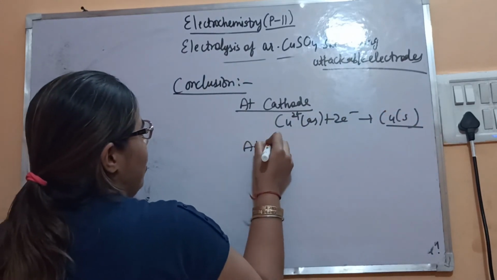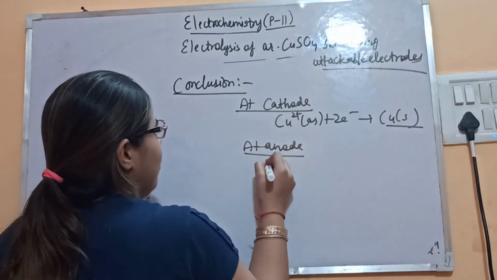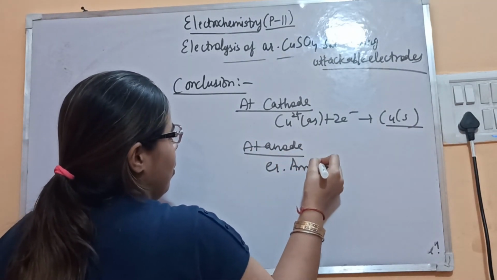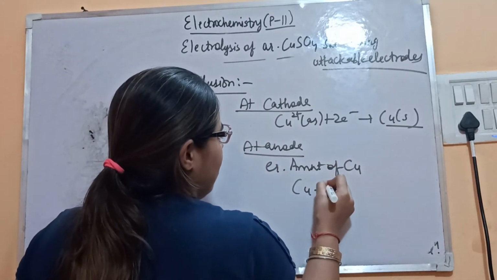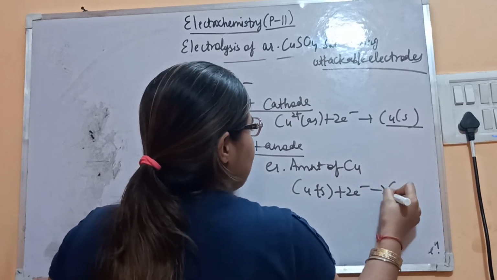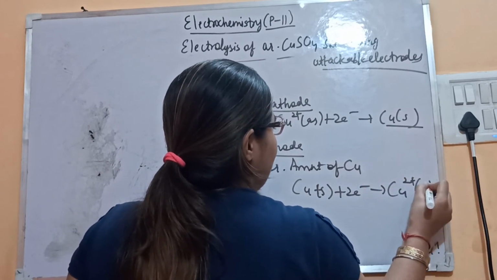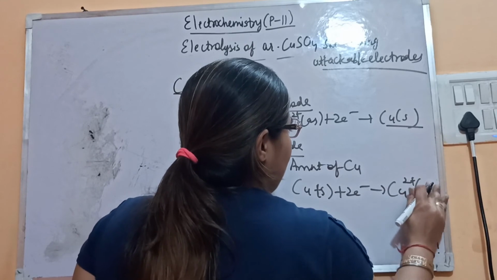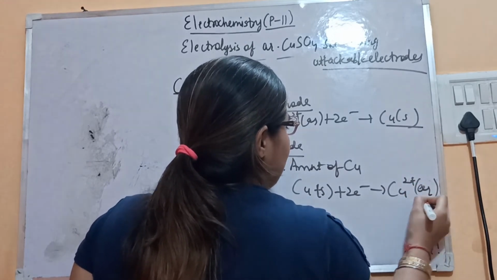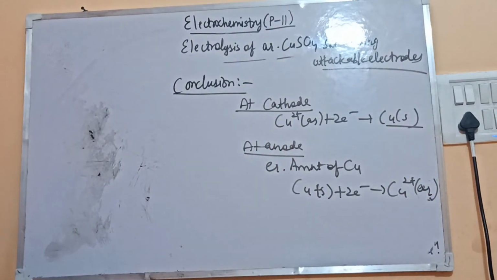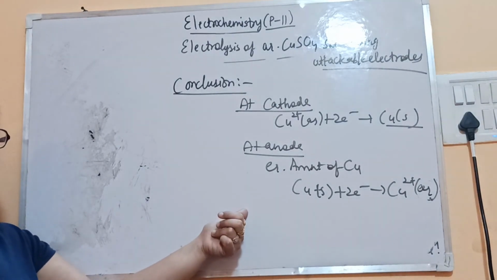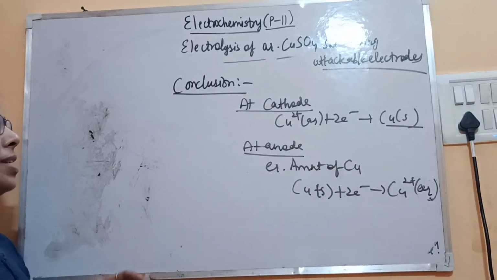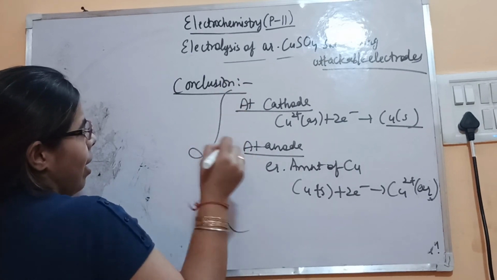And at the anode, an equivalent amount of copper loses 2 electrons and gets converted into Cu2+ ions. So this is the effect of attackable electrodes, how they influence the products. With inert electrodes the product was oxygen, but here it is copper only. So this is its application.